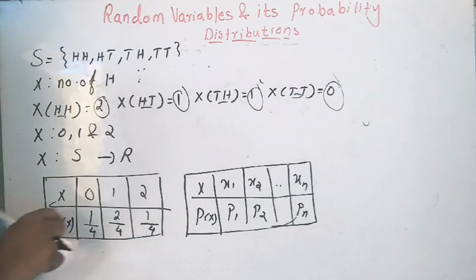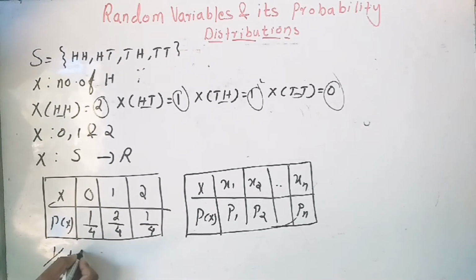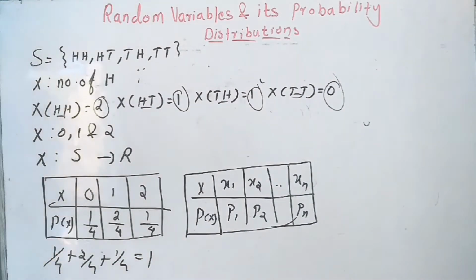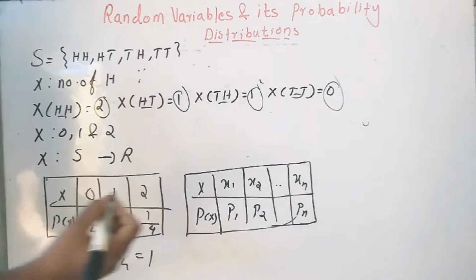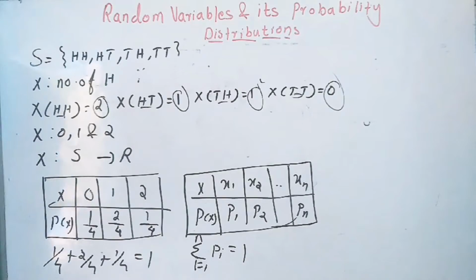First one, consider this and add all these probabilities. 1 by 4 plus 2 by 4 plus 1 by 4 is equal to 1, right? So the first condition is the sum of all the probabilities should be equal to 1, that is, summation i = 1 to n, pi = 1.